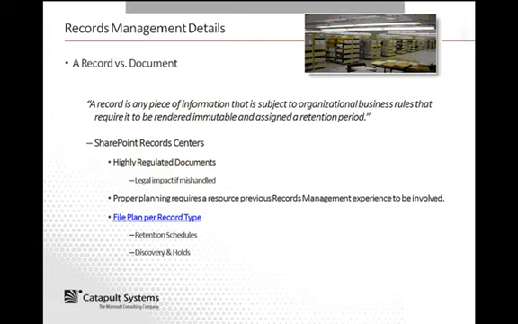The quote I threw up there is basically that a record is a piece of information that's subject to organizational business rules that require it to be rendered immutable and assigned a retention period. Basically, once it gets checked into a record center, once it gets declared a record, it can't be changed. It has to be locked down, so it's immutable. And likewise, once it's checked in, it can't be deleted until a certain retention period has expired. And even once the retention period has expired, there might be some more regulations put around it. And that's the key. These are highly regulated documents.